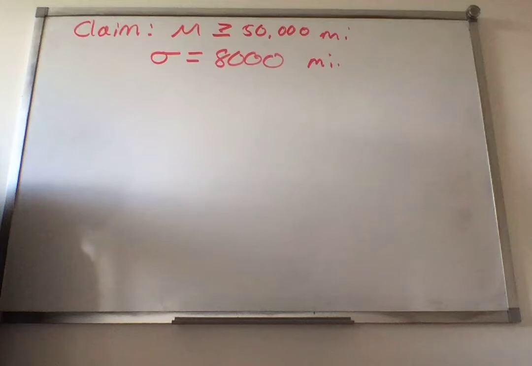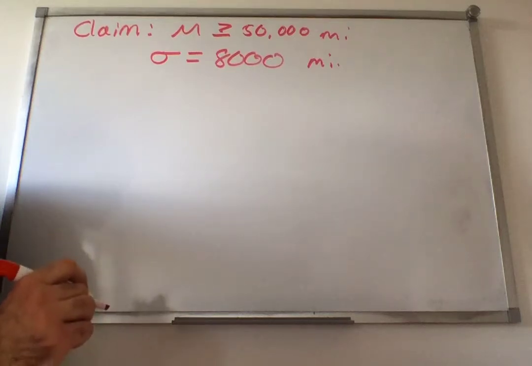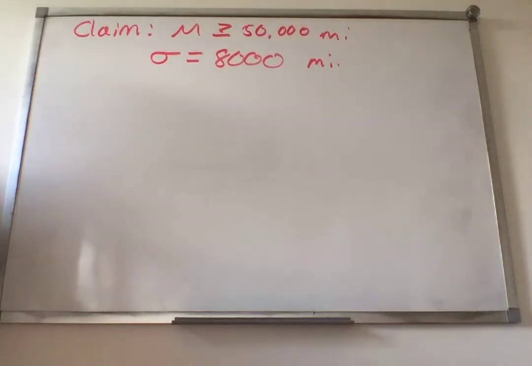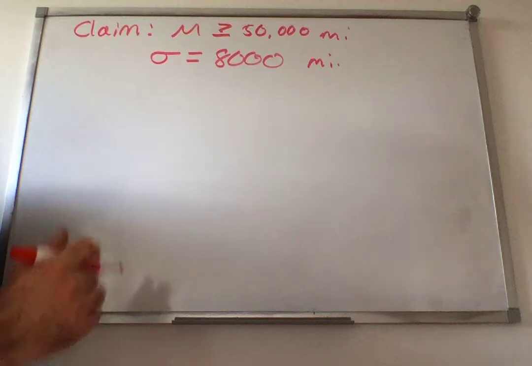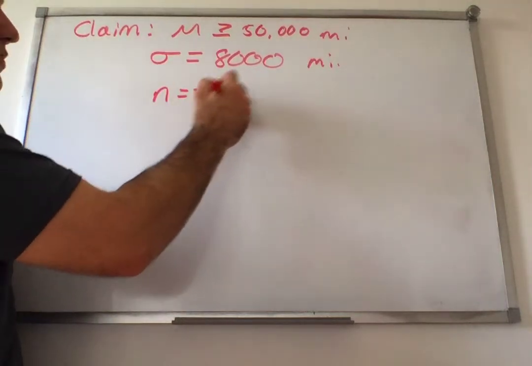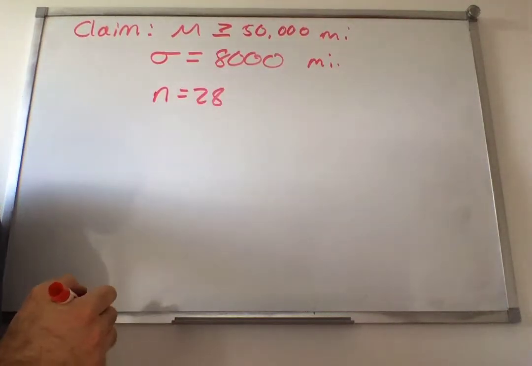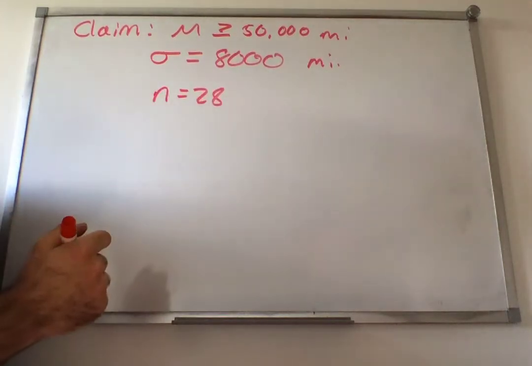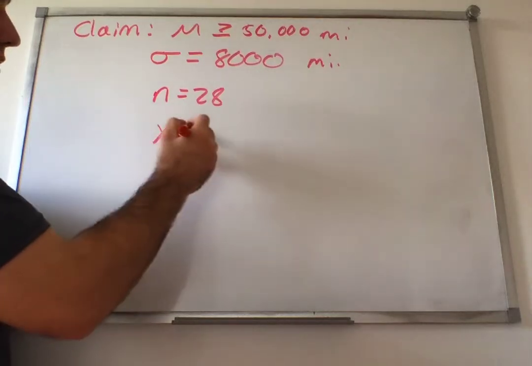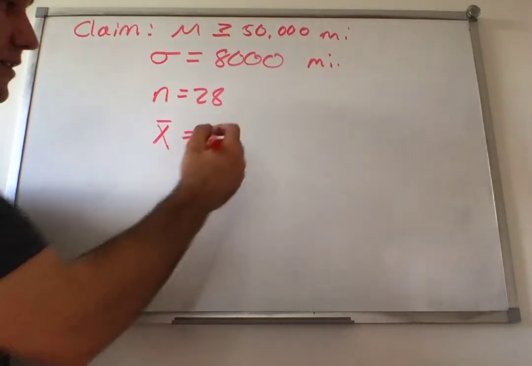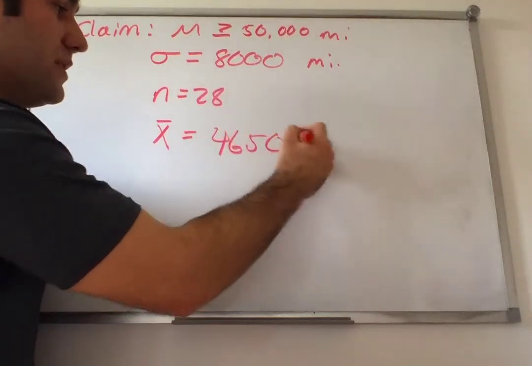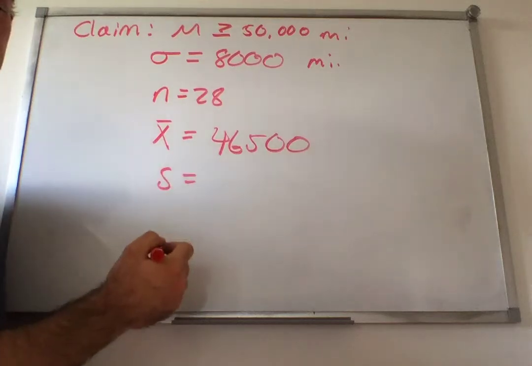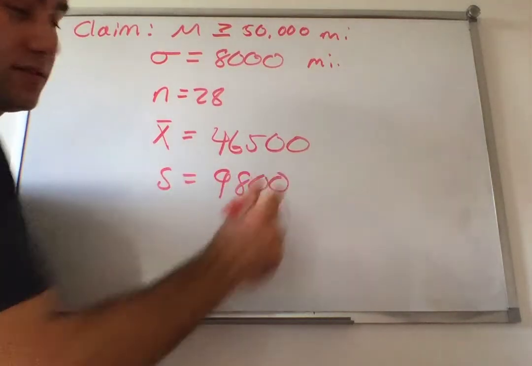A survey of owners of that tire design is conducted. Okay? They want to test whether their claim is correct or not. From 28 tires surveyed, n is equal to 28, the mean lifespan, so the average lifespan of all 28 of these people surveyed was, let's see, 46,500 with a standard deviation, so they told you the standard deviation of 9,800 miles.